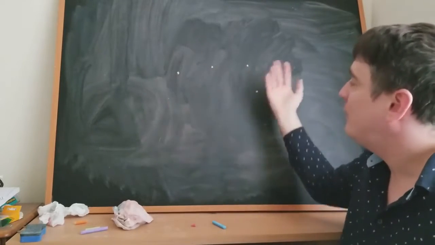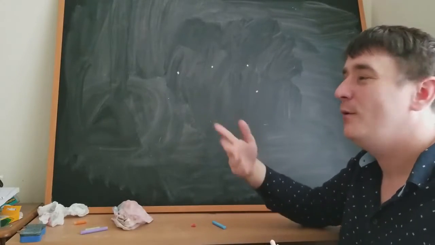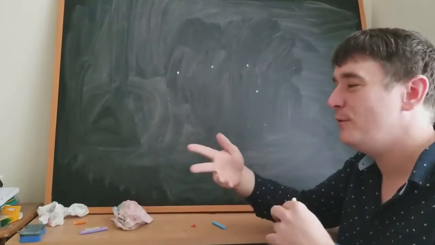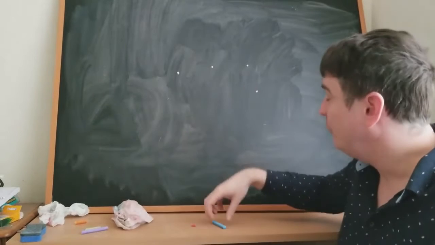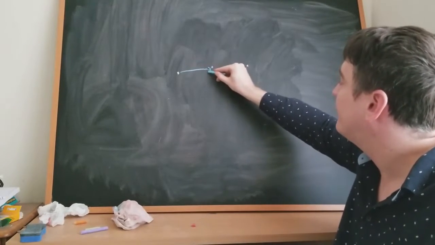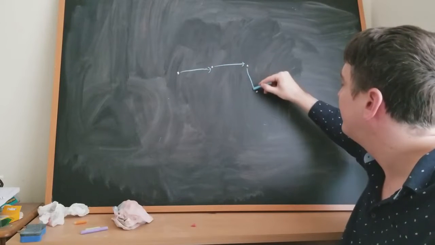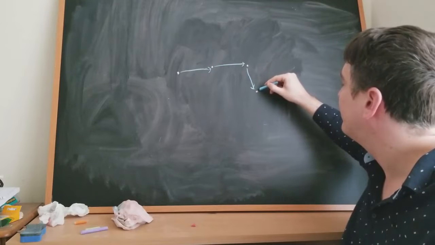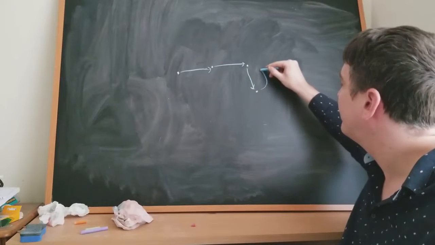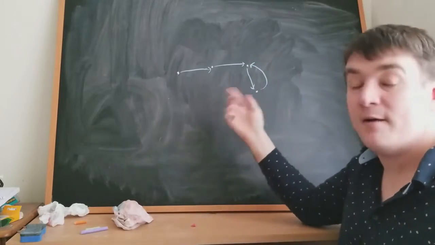It's just where you have a load of dots that you can call nodes or vertices or objects, whatever you want to call them, and then you have some arrows between them. So there's an example of a directed network.